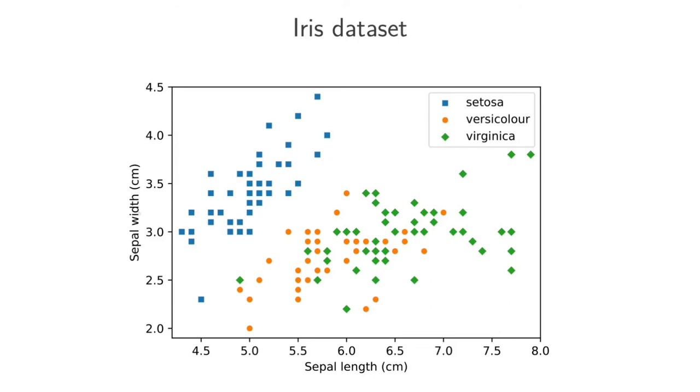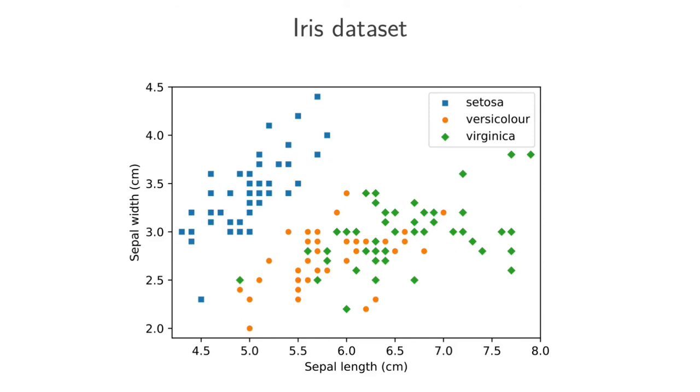Here we've got the sepal width on the y-axis and the sepal length on the x-axis, and we've denoted the different types of irises: the blue ones are all setosa, the orange circles are all versicolor, and the green diamonds are all virginica.